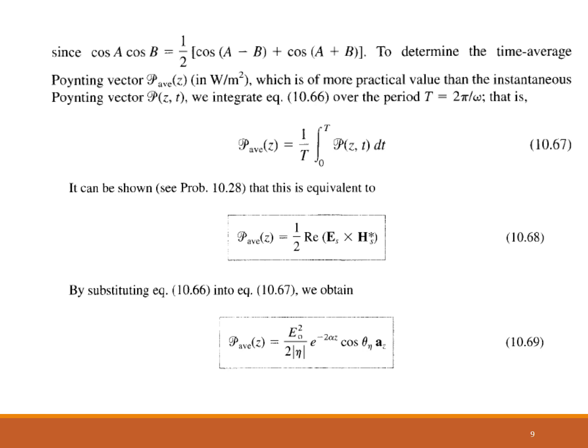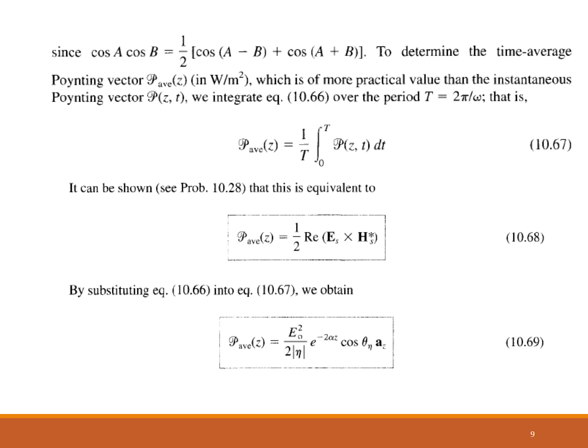As I mentioned, once you substitute the cos A cos B form into the equation for P of z,t, the resulting equation, the last equation in the previous slide, represents the instantaneous Poynting vector. Now, for more practical purposes, it is useful to determine the time average Poynting vector, represented as shown in equation 10.67.